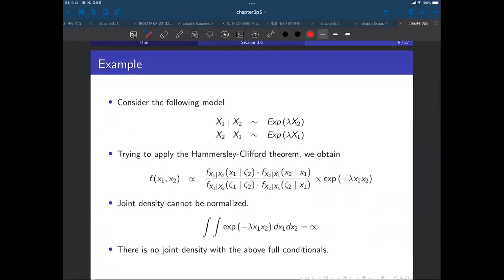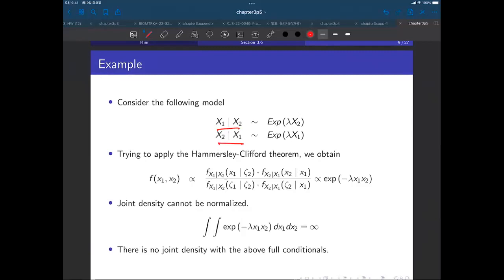So here's an example. Suppose we have this model. X1 given X2 has an exponential distribution with mean 1/(lambda1 x2).